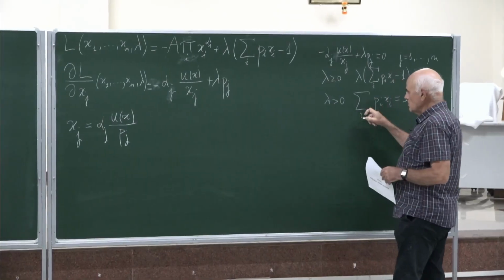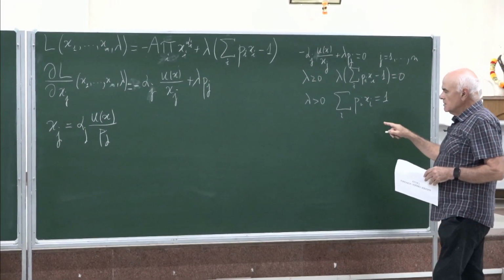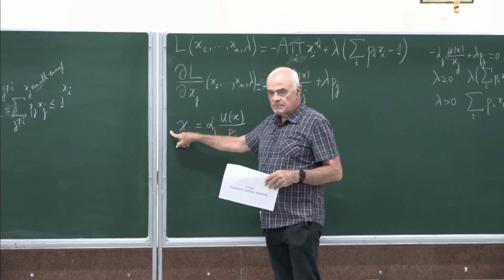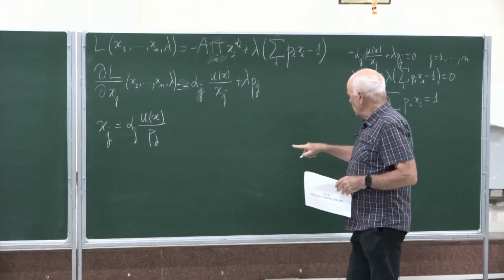Now we are going to use this condition. If we move pj to the left-hand side and add over j, we get this sum.